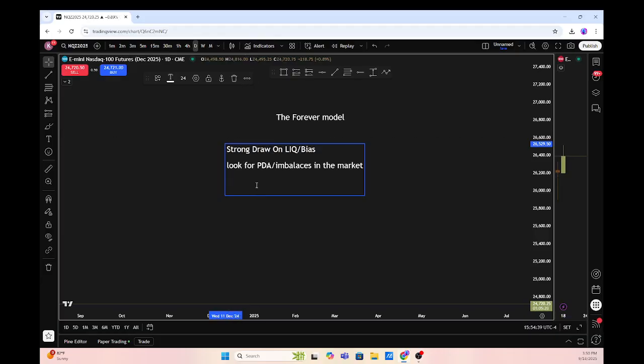So after we find our PD arrays in the market, what we want to do is wait for price to tag into that PD array. Then look for SMT, right?